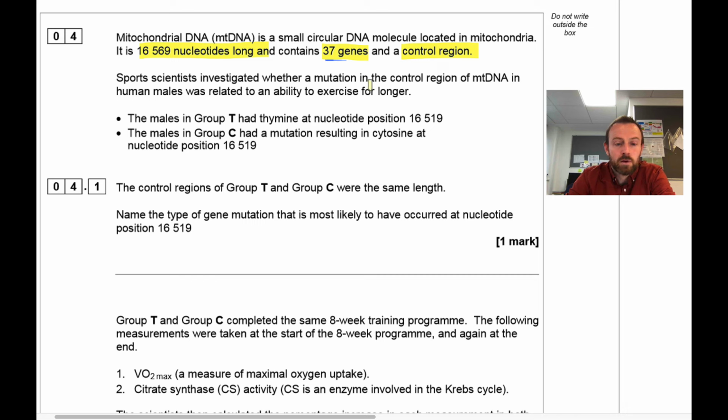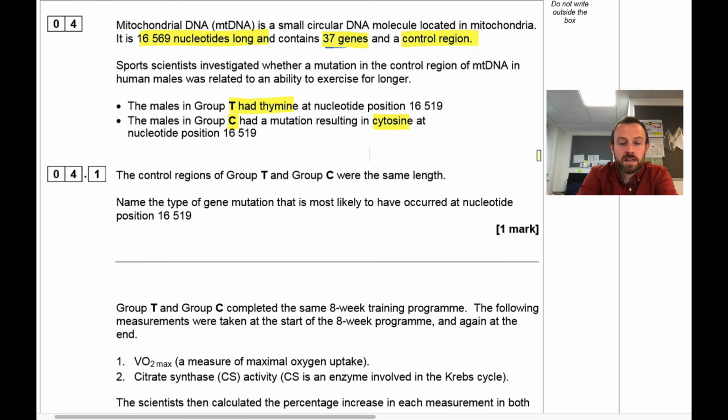The males in group T had thymine and group C had cytosine. That's nice that they've made that easy for us to remember. T for thymine, C for cytosine. The control regions of group T and C were the same length. So this is just a swapping or a substitution mutation. That's the answer to the first question.